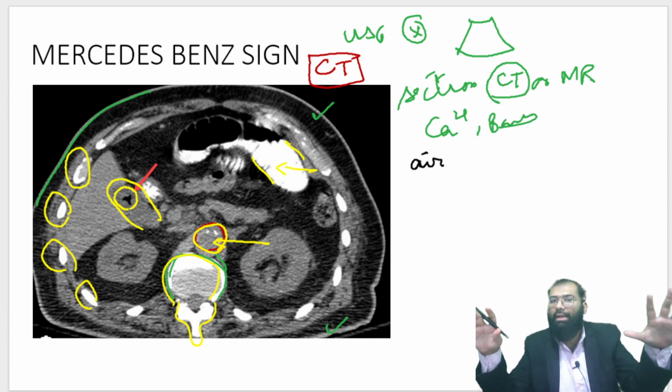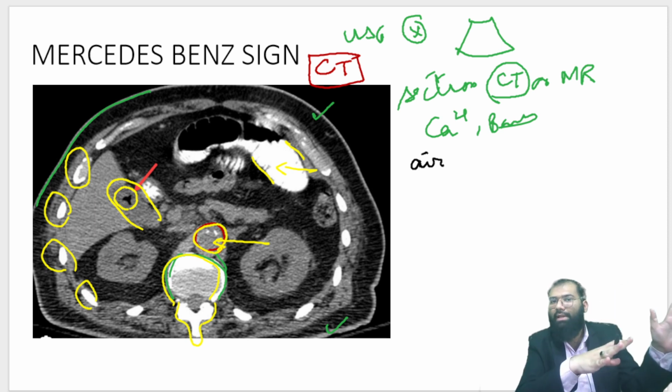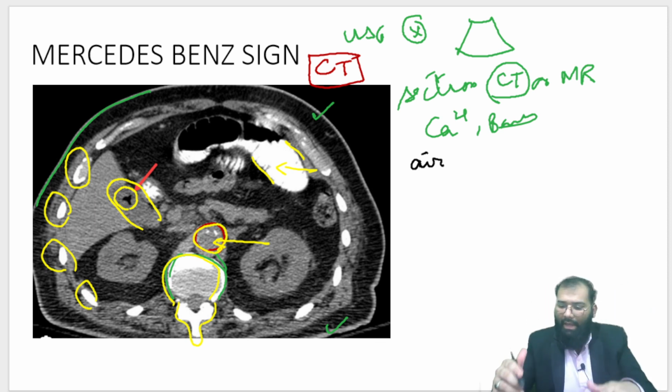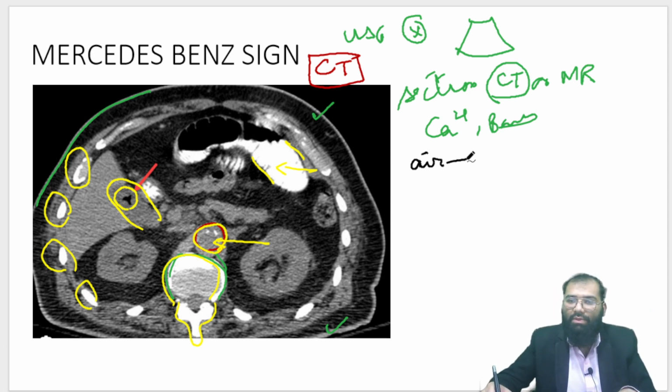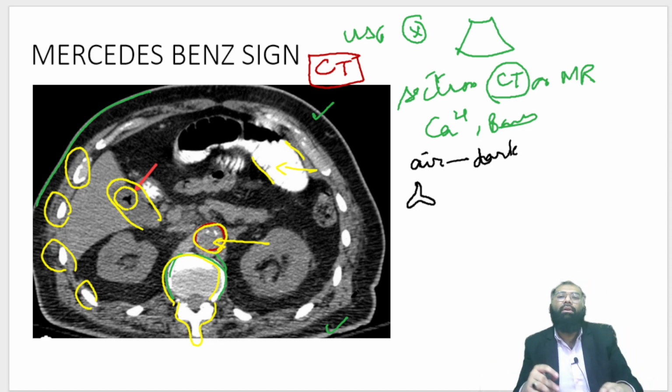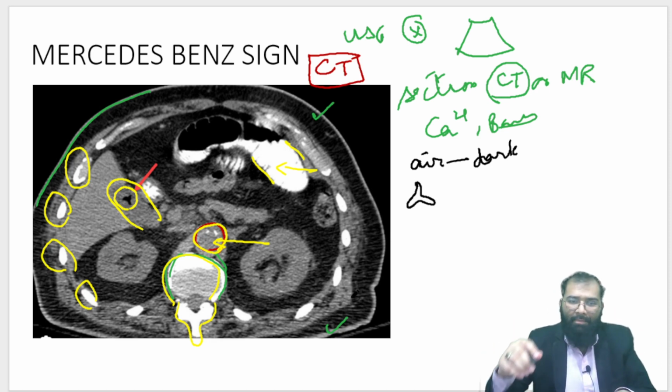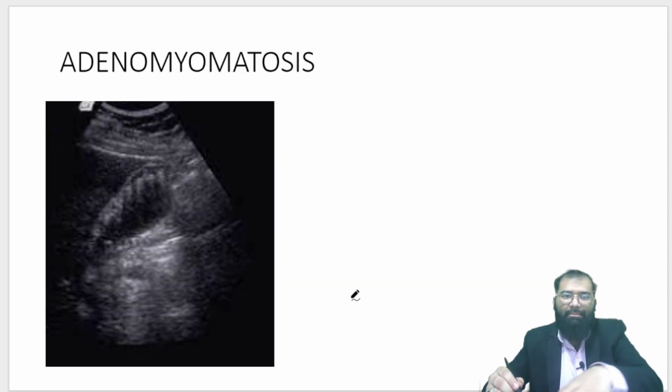Air looks dark on X-ray. CT is based on X-ray principles. So air on CT is also dark. So you are able to see the Mercedes-Benz sign, which is formed by the air which is trapped within the gallstone. Okay, with this let us move ahead.